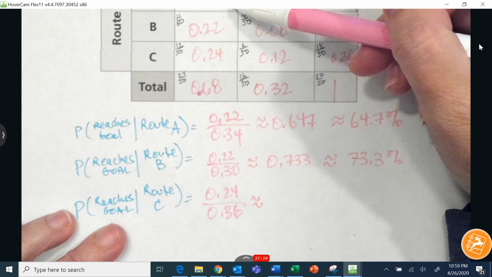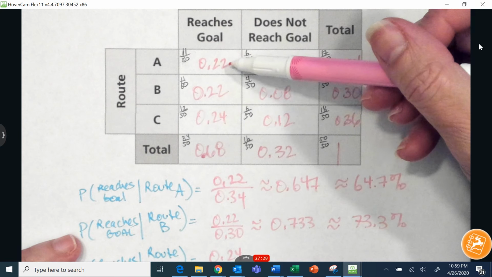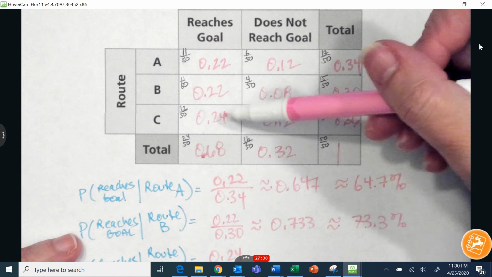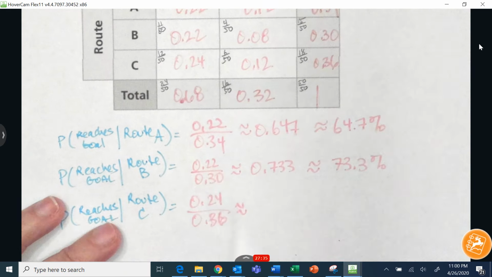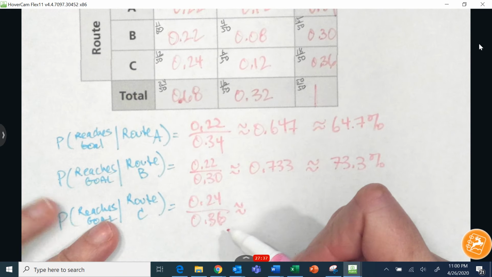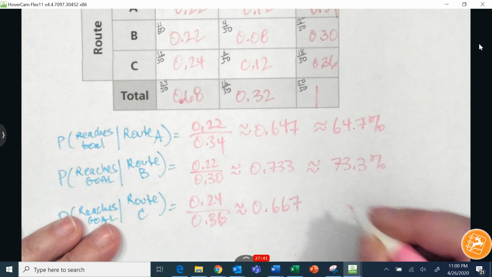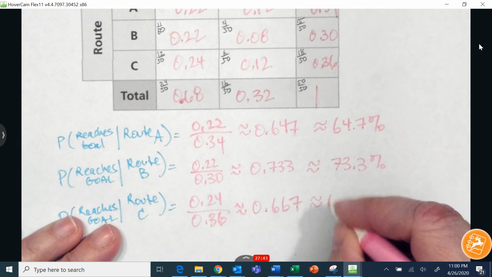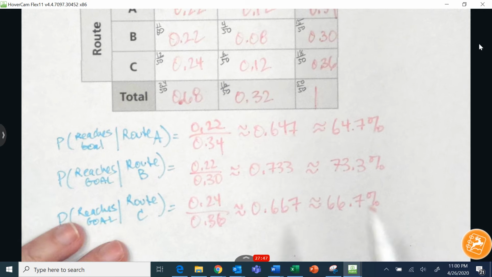So just looking at the chances that he reaches his goal in general, 0.22, 0.22, 0.24, it looks like route C is the best. But as soon as I type in 0.24 divided by 0.36, I get 0.667. So that's only approximately 66.7% of the time. So it really is conditional.